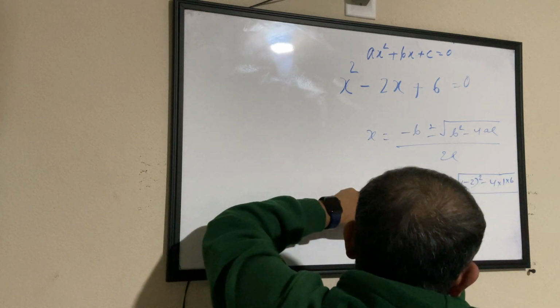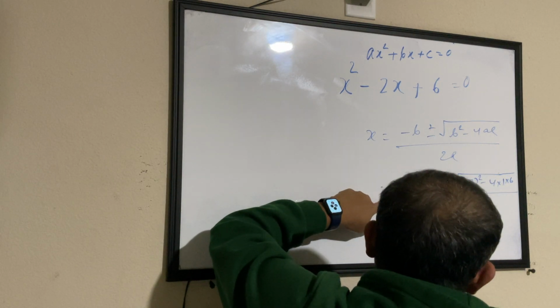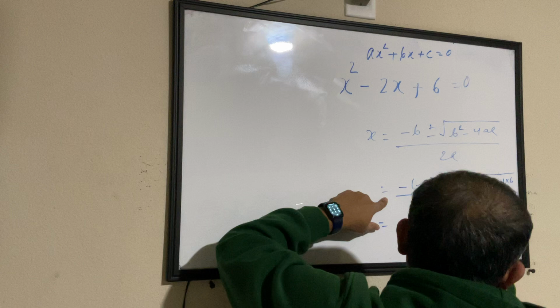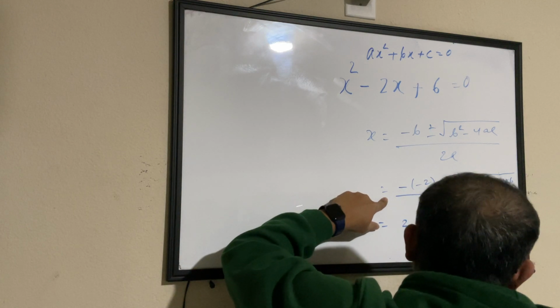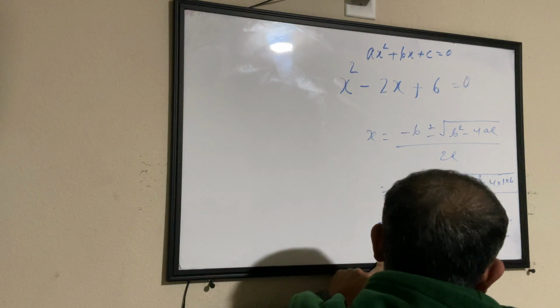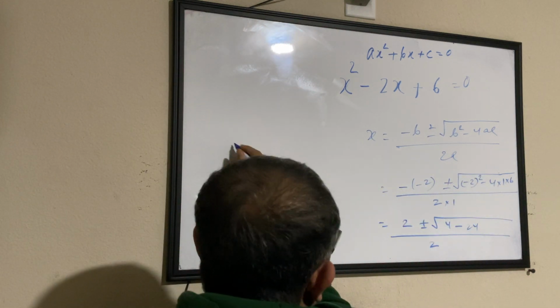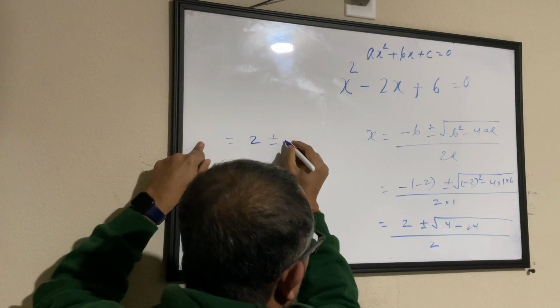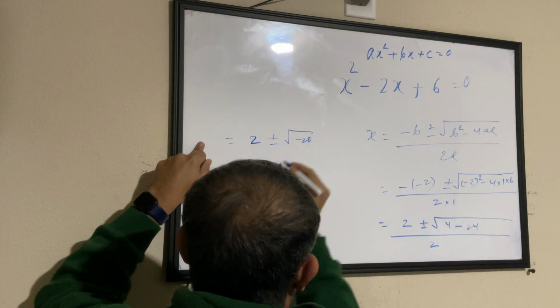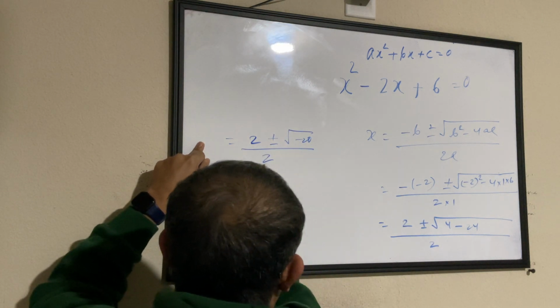So this gives me plus 2 plus minus square root of minus 2 square is 4 minus 4 into 1 into 6, 24, by 2. So here from this I got 2 plus minus square root of minus 20 by 2.